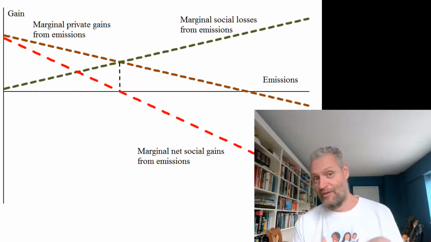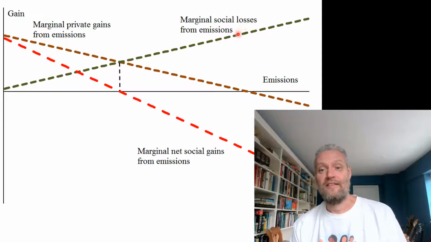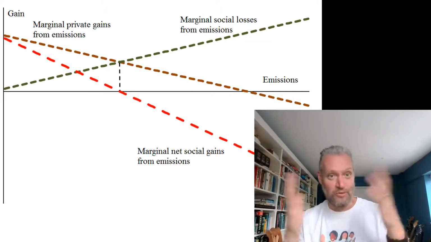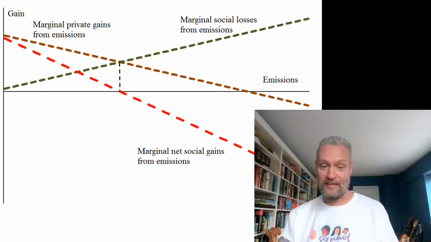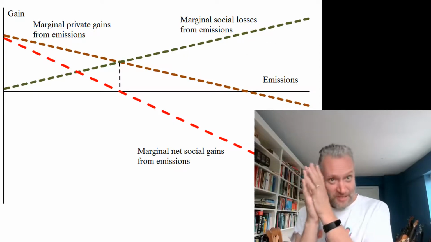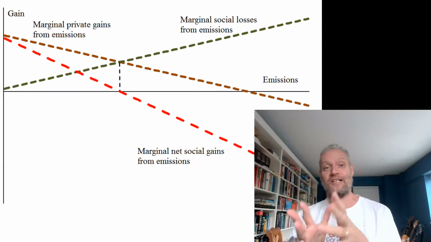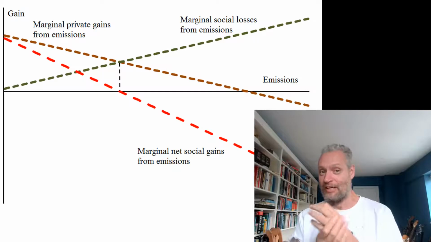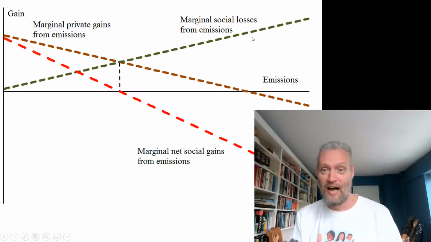Now, what does the benefit curve look like? Well, here, the benefits of emission reduction are large. Say the world were to warm by 7 degrees if you don't cut emissions. And then if you start cutting emissions, you essentially bring warming down from 7 degrees, which many people would say is catastrophic, to 6 degrees, which many people would say is pretty bad, but not as bad as 7 degrees. So initially your benefits of emission reduction are high.